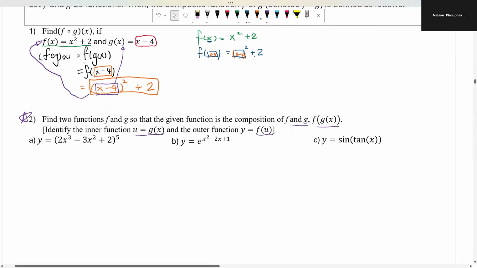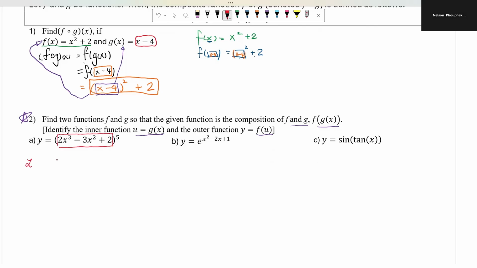If I use this idea to work with the following example, again I would like to box the 2x to the power 3 minus 3x squared plus 2, and make this the inner function, my g of x.